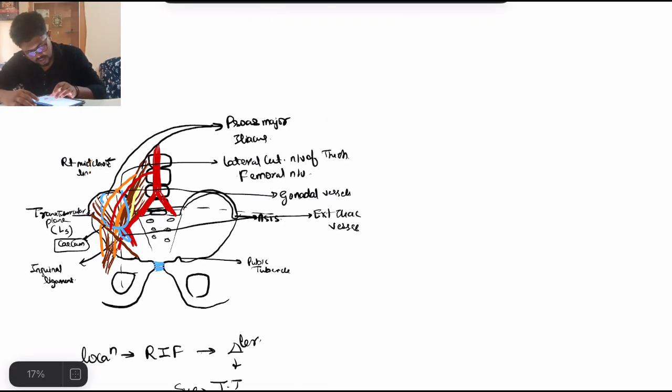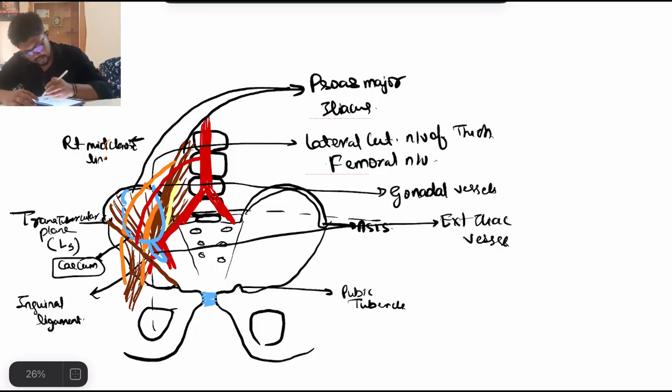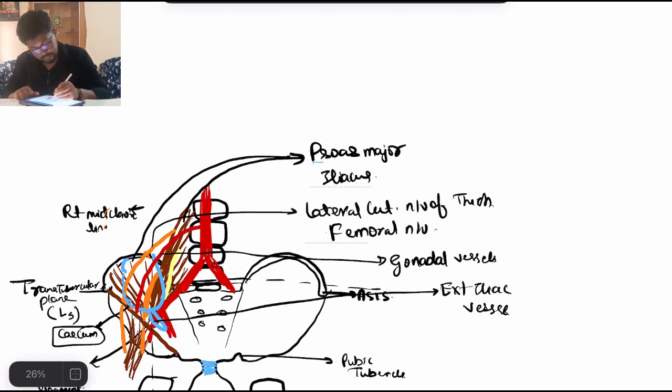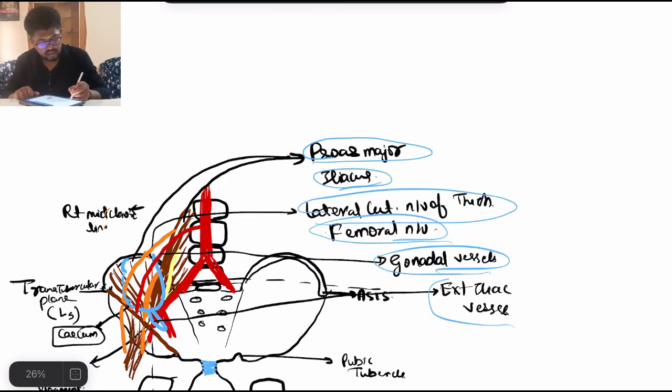So what structures come in relation to the cecum posteriorly? Psoas major and iliacus, lateral cutaneous nerve of thigh and femoral nerve, gonadal vessel and external iliac vessel. So all these structures come in relation to the cecum posteriorly.